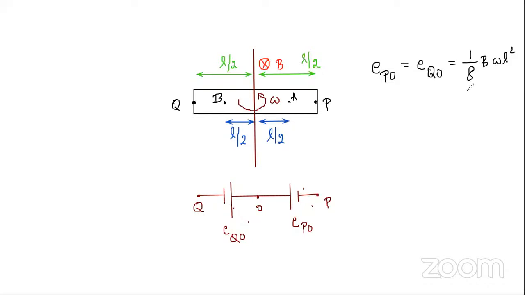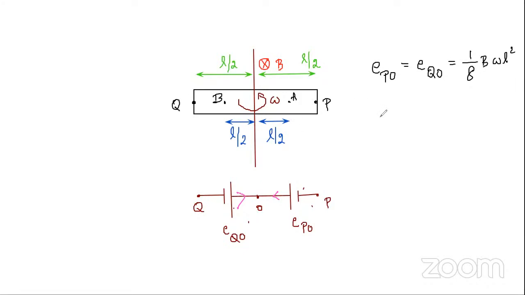But these two EMFs are equal in magnitude, and as you can see here, they are opposite in direction. Here the positive terminal is there, so the current is flowing from here towards this point O. Here also you have a positive terminal, so current is flowing from this point to O. So both EMFs are equal in magnitude but opposite in direction.